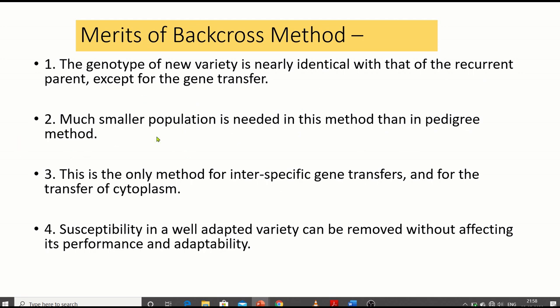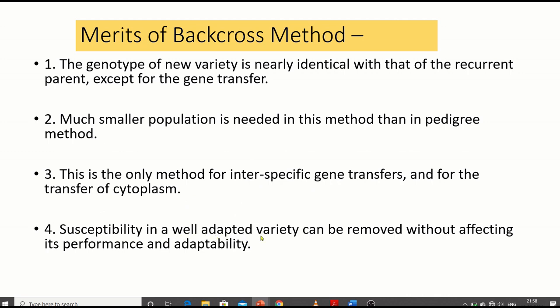We are not going to produce a huge amount of F2 generations also, and this is the only method for interspecific gene transfer and for transfer of cytoplasm. So in a conventional breeding program it is the method for interspecific hybridization and transfer of cytoplasm, and also male sterility.